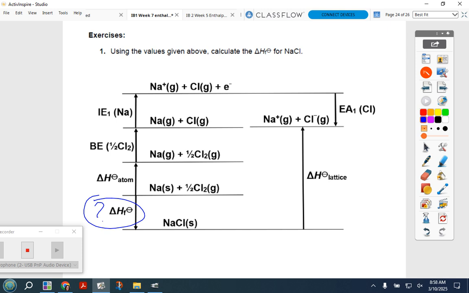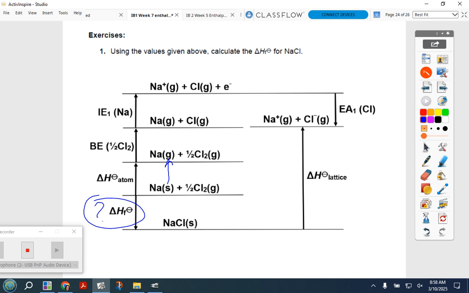If you then look here, the next level going up, we've got to take our solid sodium and turn it into a gas. There's a certain amount of energy that we call the enthalpy of atomization that takes the sodium from a solid to a gas. And then we also need to separate out our chlorine atoms from our diatomic.